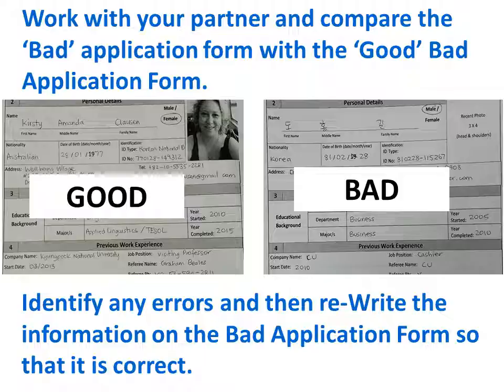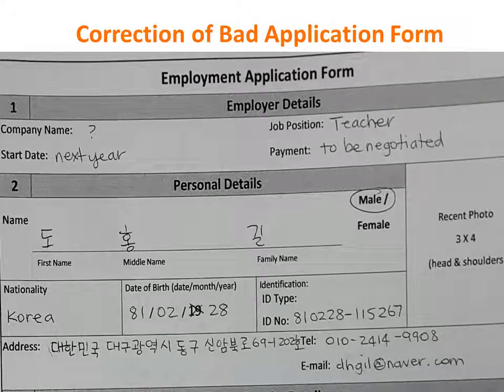For example, we can see that the name is incorrect. So instead of Do Hongil, the first name should be Hongil and the family name Do. Alright, once you have gone through and made the corrections, here are the answers.